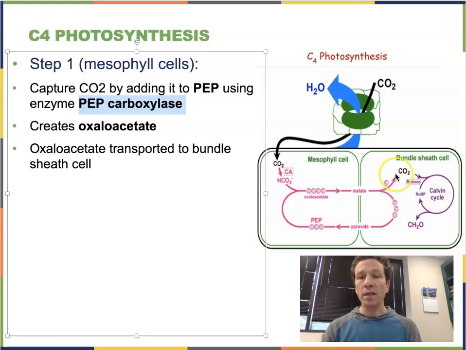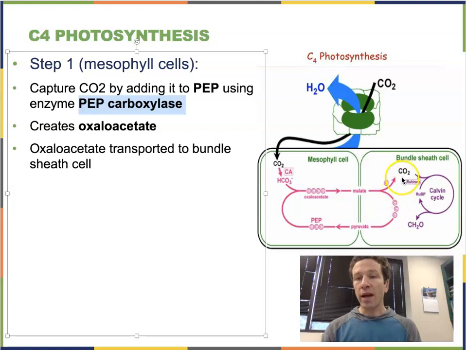One of those carbons is going to be released as carbon dioxide. Basically then what the plant has accomplished is transporting carbon dioxide from the mesophyll cell to the bundle sheath cell. A lot of carbon dioxide is released by a lot of oxaloacetates in the bundle sheath cell, and so the bundle sheath cell ends up with a high concentration of carbon dioxide.